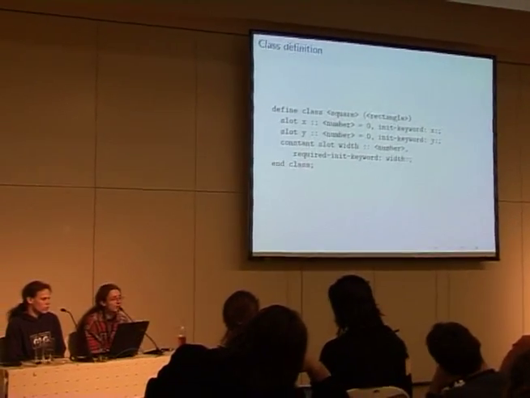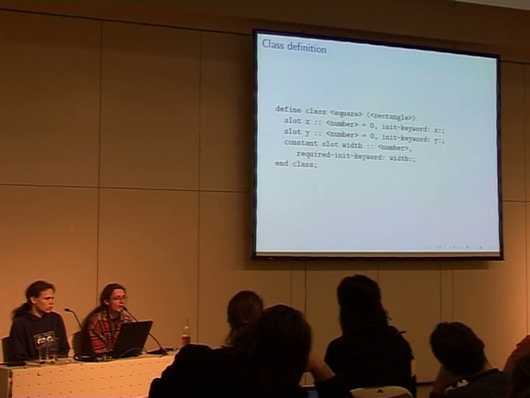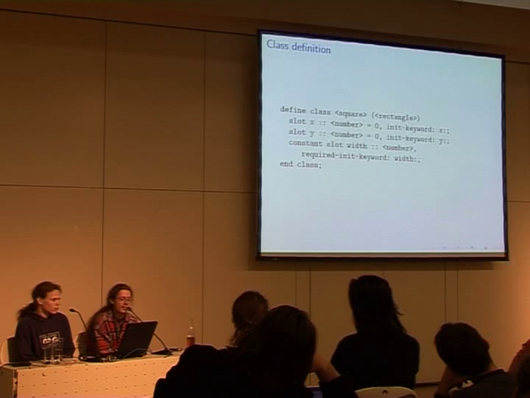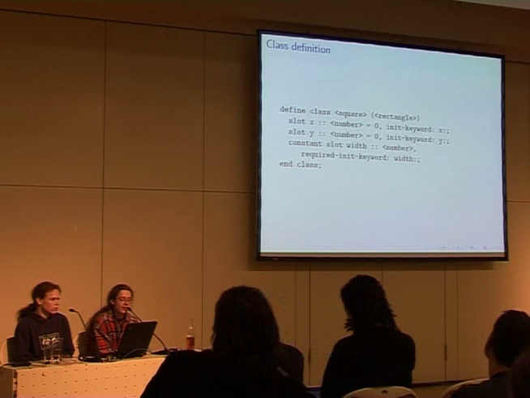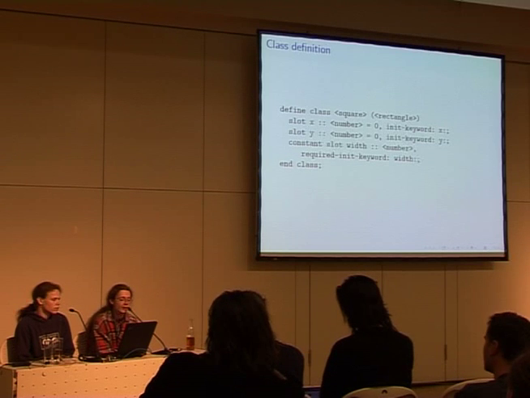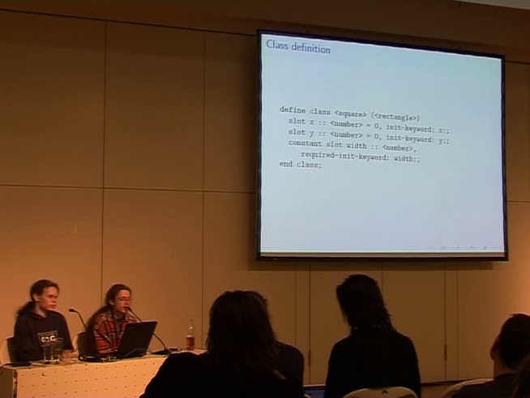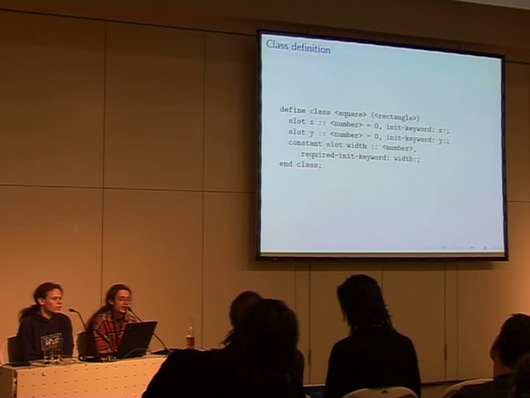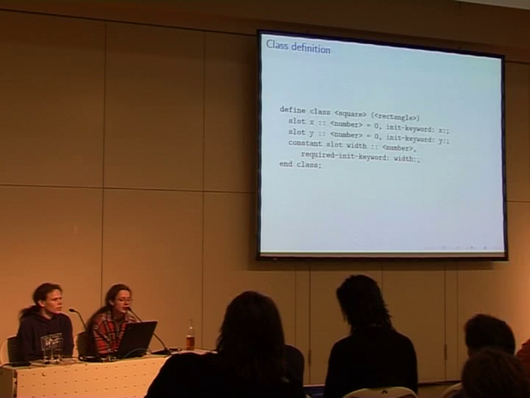And it also knows that if you call a getter for that slot, the object has a type number, and uses that for optimistic type inferencing. I have a default value, which is 0. And then there's an init keyword. If I create an instance of a square, usually an object is instantiated by calling the function make, I can pass an init keyword x or y and specify a number there.